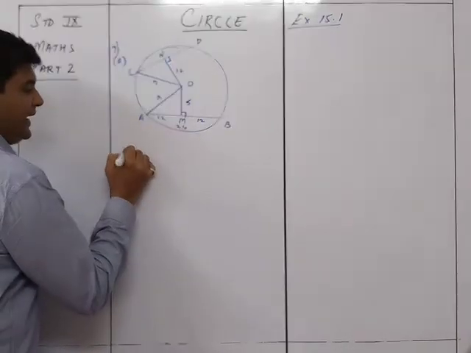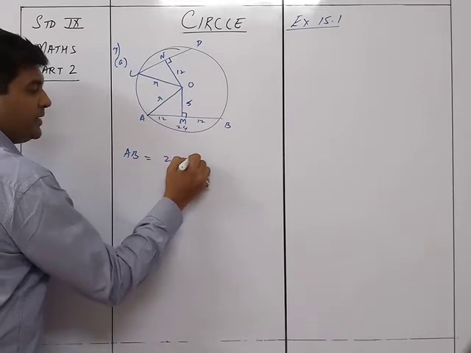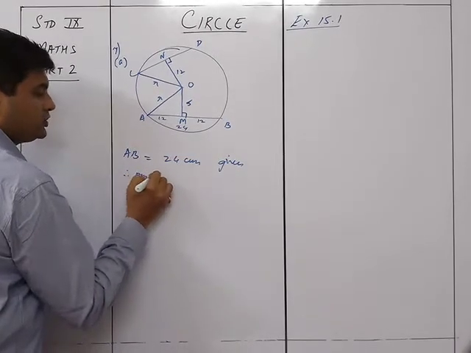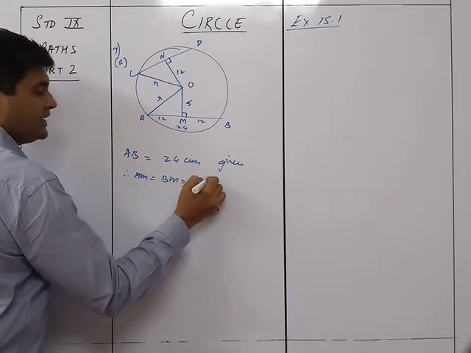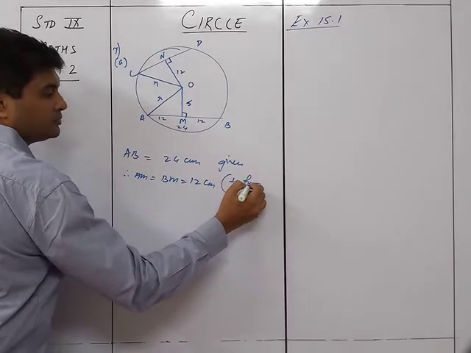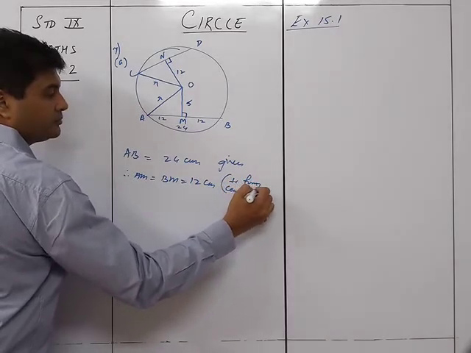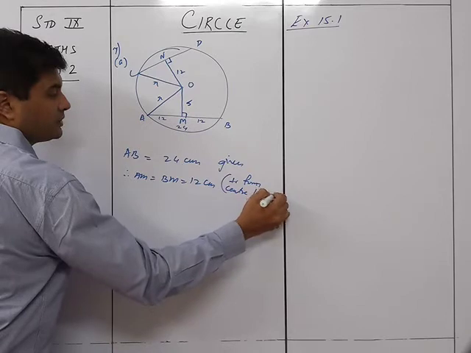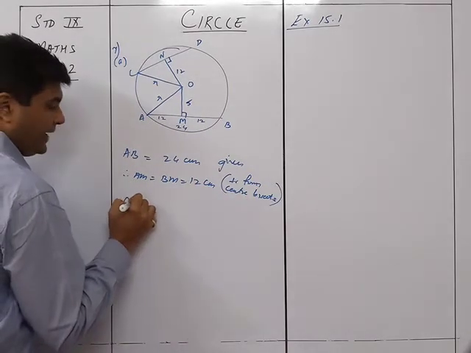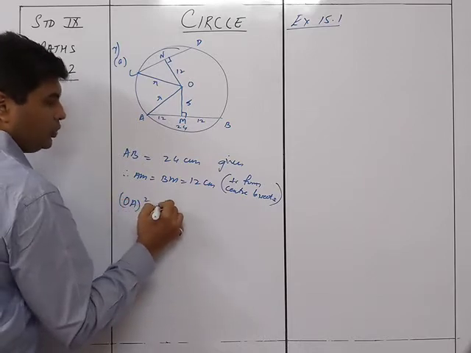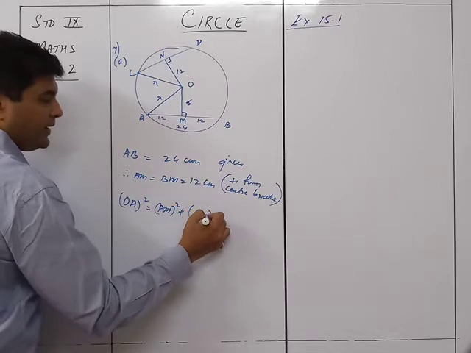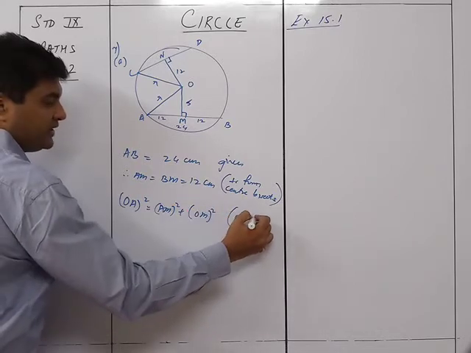So first of all, AB is equal to 24 centimeters given. Therefore, AM is equal to BM is equal to 12 centimeters because perpendicular from center bisects chord. Now we know that OA square is equal to AM square plus OM square because of Pythagoras theorem.